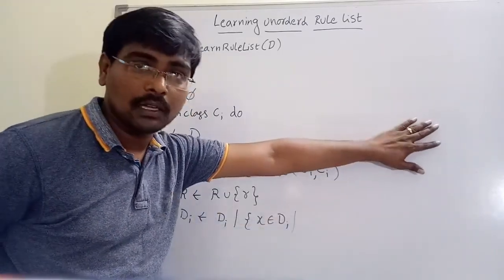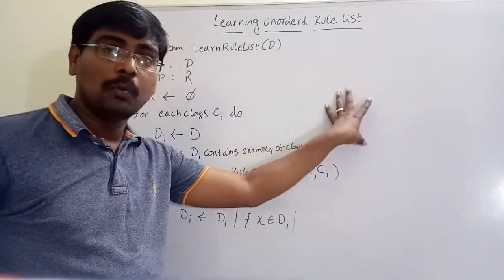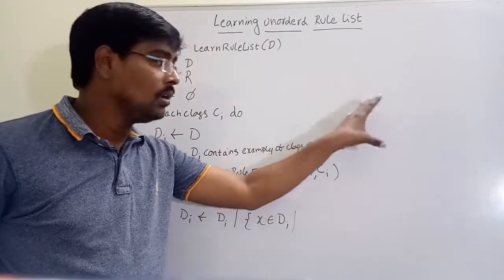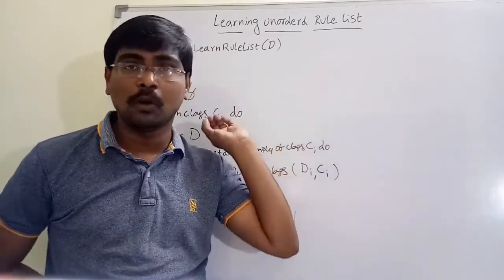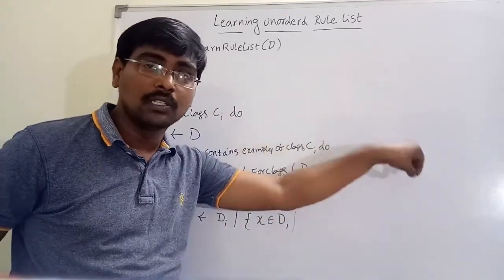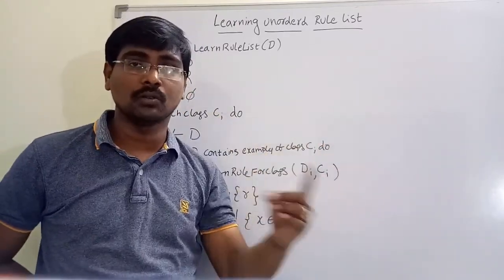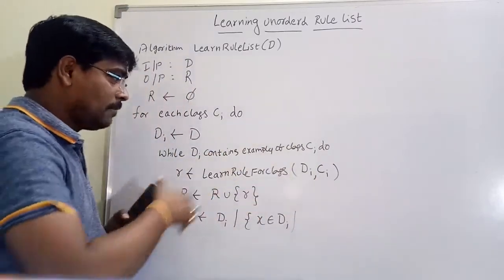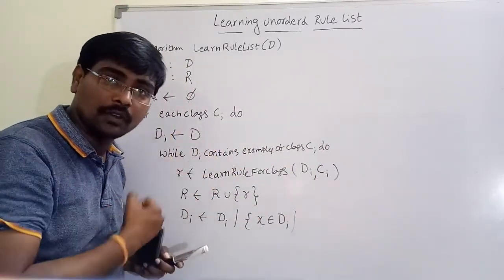For example, suppose two positive examples are covered by a rule. Then we have to remove those two positives. Otherwise, the two positives come into consideration again for the next rules also. You got it? Each and every time we have to reduce the number of instances.